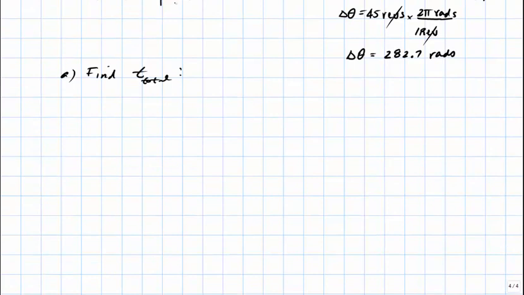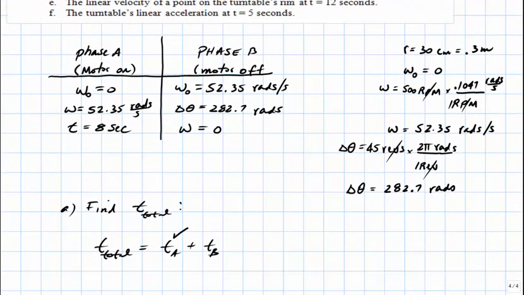And in order to do so, we need to note that T total equals the time we spent in phase A plus the time that we're spending in phase B. Now, the time for phase A is already given, right? The time in phase A was given as 8 seconds, so therefore we only need to determine the time for phase B.